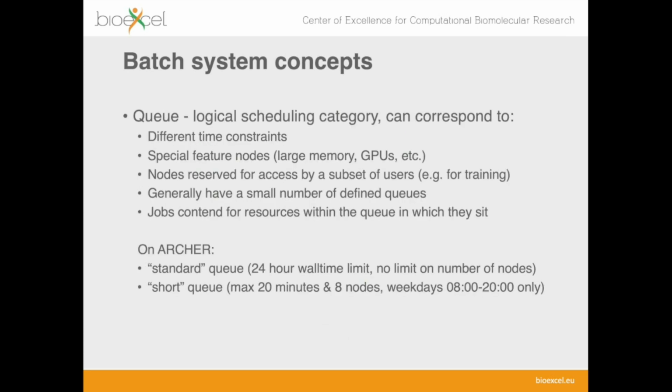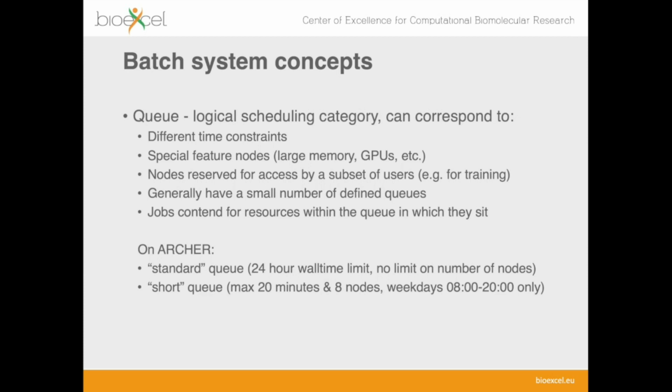So there are some concepts that are common between different scheduling systems. There's often a concept of something like a queue or some kind of logical scheduling category, namely that there's not just one kind of access to the system. There are different kinds of access based around, for example, different time constraints, or the number of nodes that you can request in any given job.